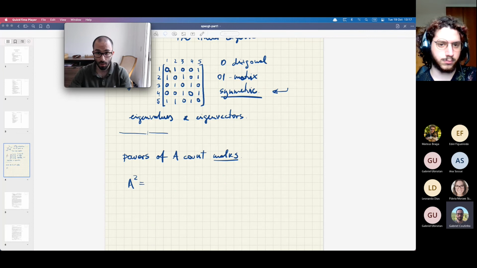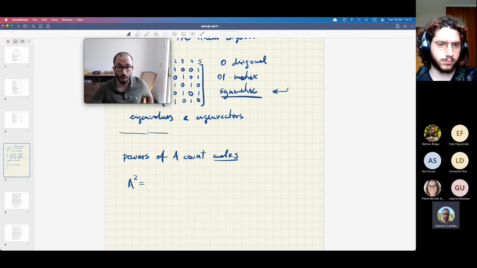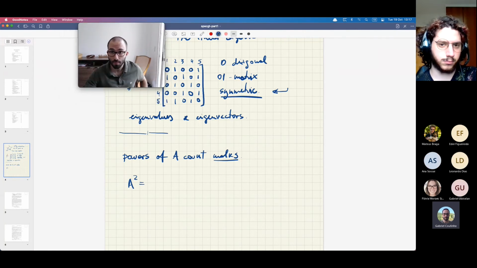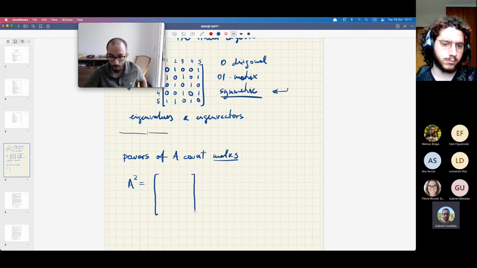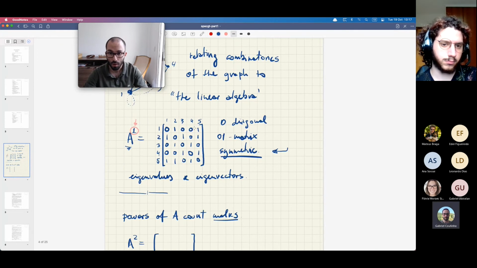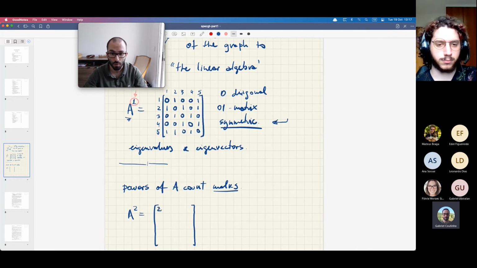Now simply imagine that you're computing the second power of this matrix. Let's look at the first entry. The first entry of the second power is going to be the first row multiplied by the first column, and the result here is going to be 2.